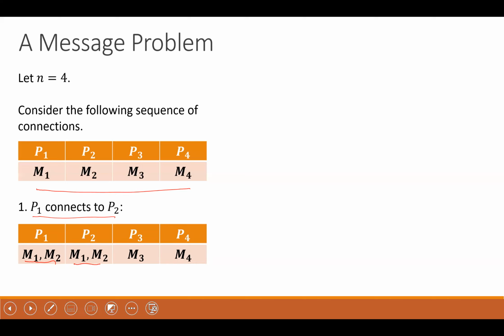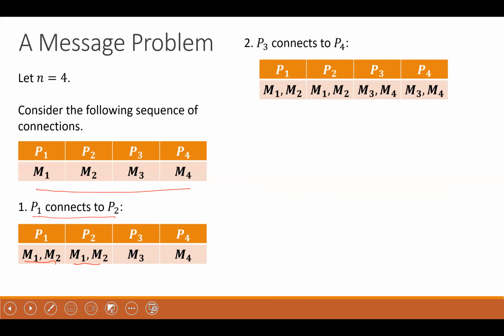At which point I'll take P3 and connect to P4. I'm not doing anything particularly clever here, but I'm just trying it out to see if I can get away with fewer messages. Once P3 and P4 connect, P3 knows both message 3 and message 4, and so does P4.